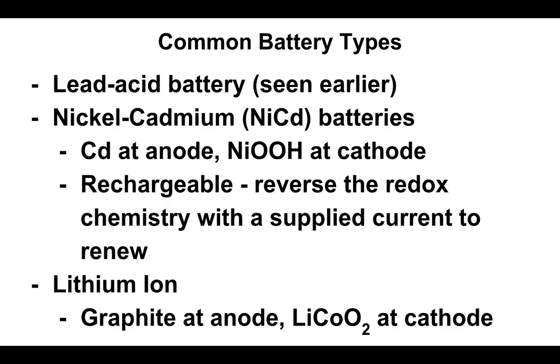So when you supply the electricity or you supply your charger, you are performing the reverse reaction of what's in there to refresh the state of the battery. So that means that it's a non-spontaneous reaction to reverse it. So you have to supply that current from an electrical outlet in order to drive the battery back to its original state, because that would not be favorable in terms of cell potential or free energy.